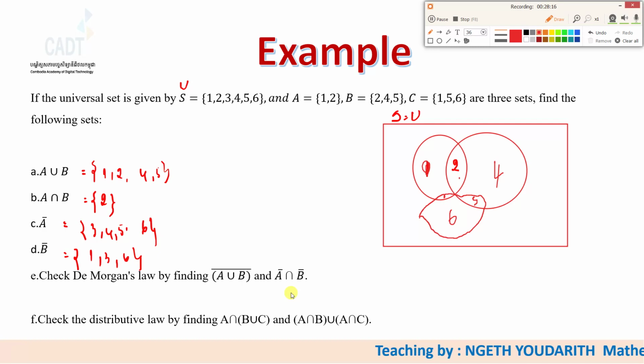And check distributive law of defining distribution of A intersect B union C, and A intersect B union with A intersection C.